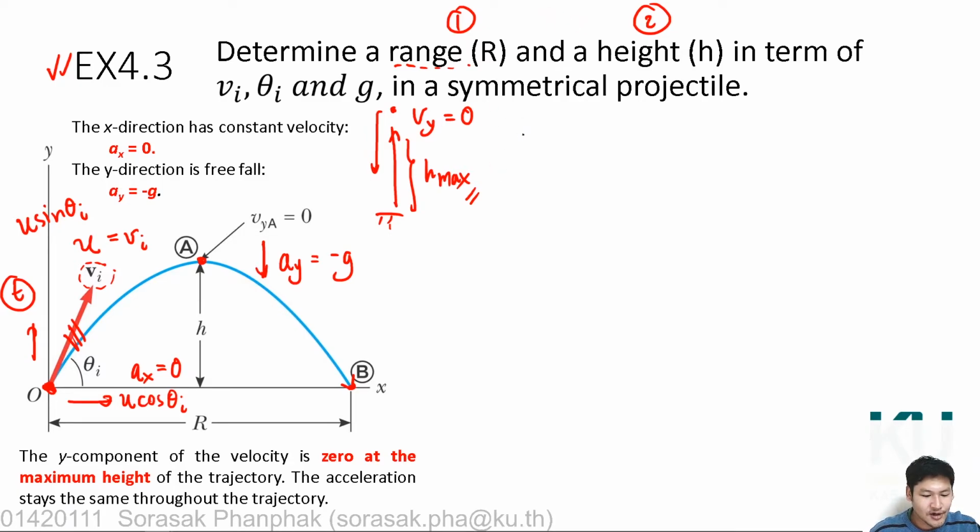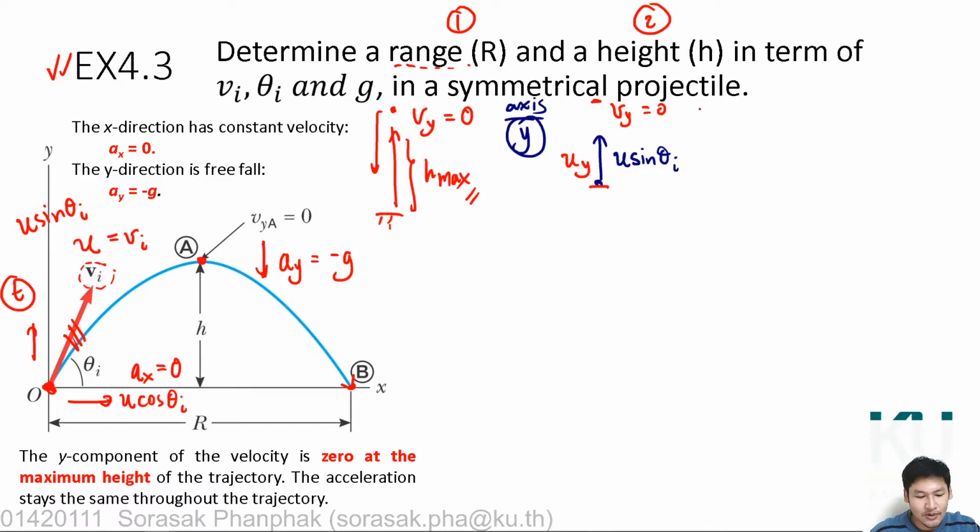Let's look at the motion along the y-axis first. What is happening? The particle moves upward with the u sine theta i initial velocity, right? This is your uy component. It moves upward to the maximum position, so you have vy equal to 0.